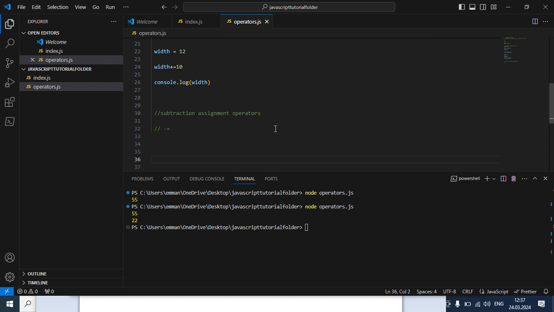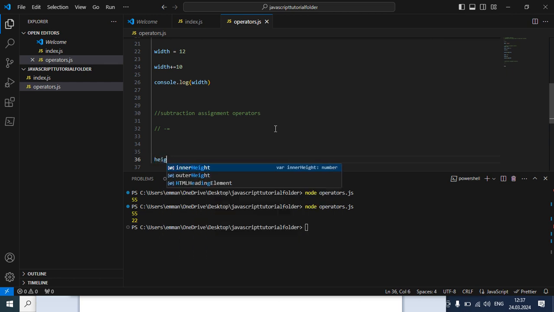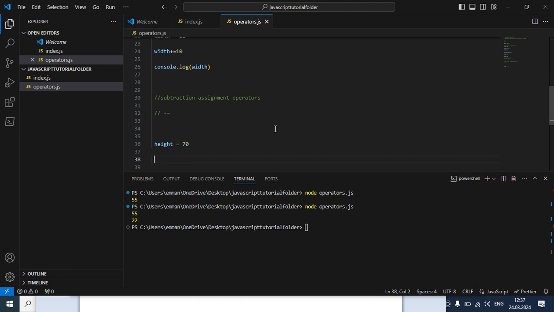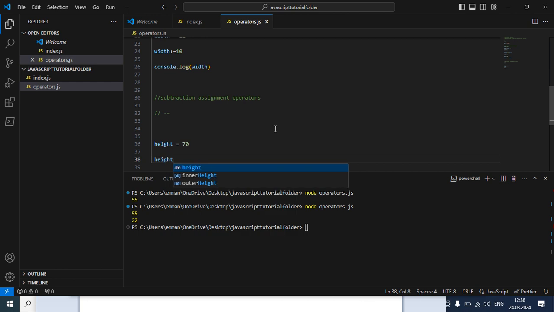If we have, let's say, height equals to 70, and to use the subtraction operator, what you do is height minus or equals, if we have to subtract 12 from it.